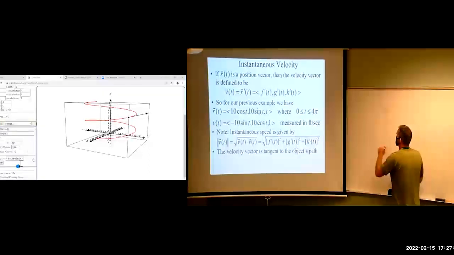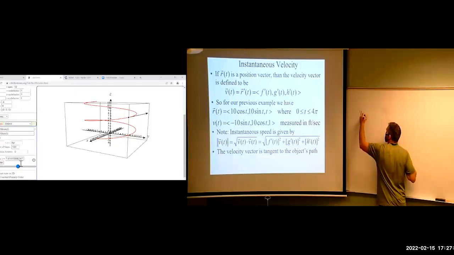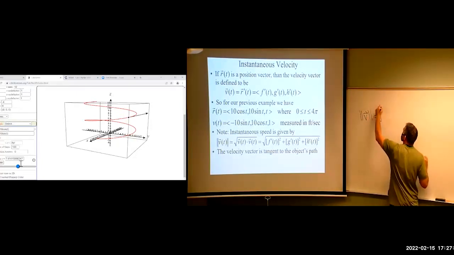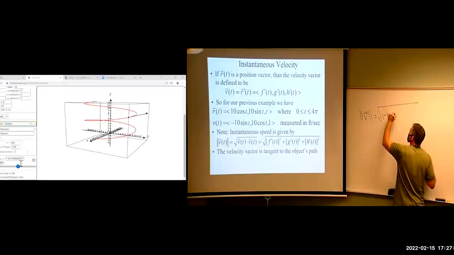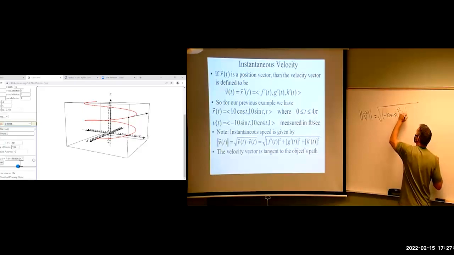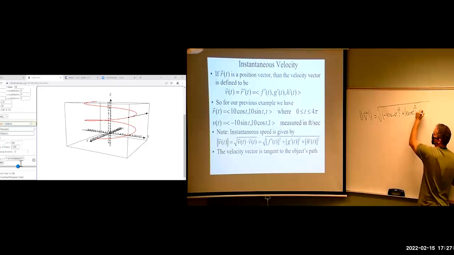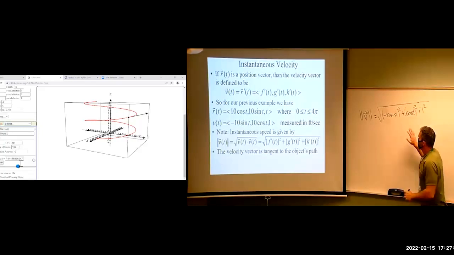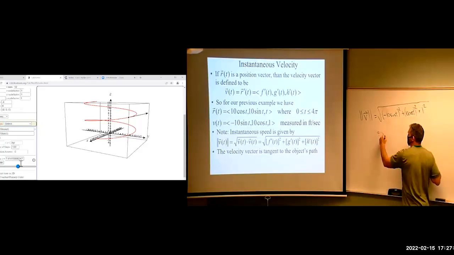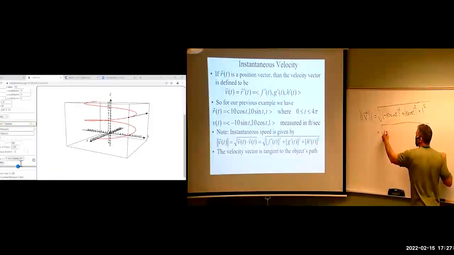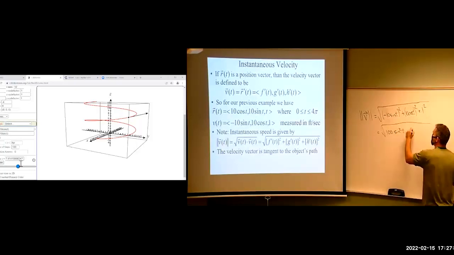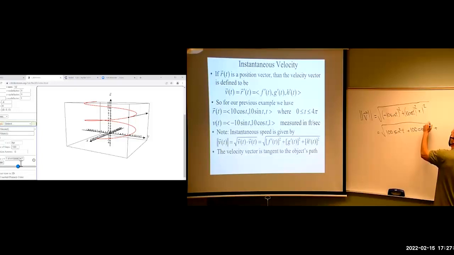So if I'm looking at the magnitude of v, it's going to be the square root of negative 10 sine t squared plus 10 cosine t squared plus 1 squared. Okay, some really cool stuff happens here. So square root of 100 sine squared t plus 100 cosine squared t, and 1 squared is just 1.